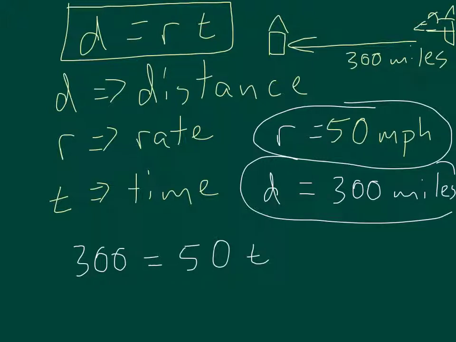And we need to use mental math to ask ourselves, what number times 50 equals 300? Another way to think of that is 300 divided by 50 equals what number? Because if we know 50 times a number equals 300, then 300 divided by 50 is going to give us that number. I know that's going to be 6, because 6 times 5 is 30, so 6 times 50 would be 300.